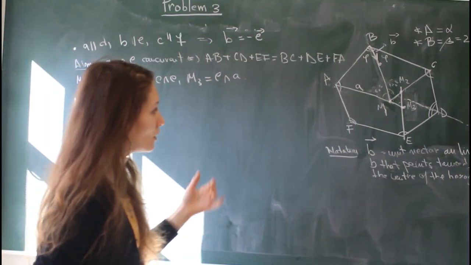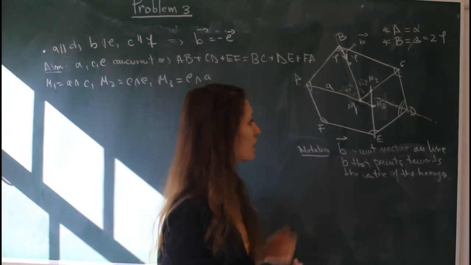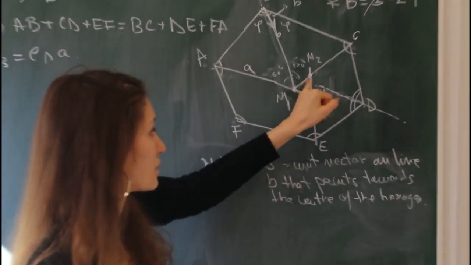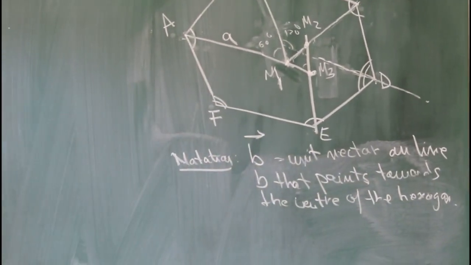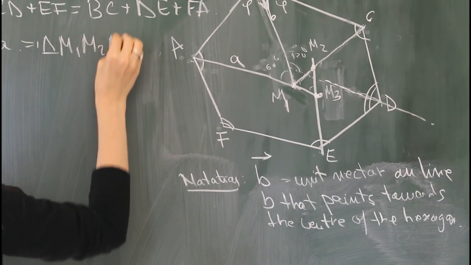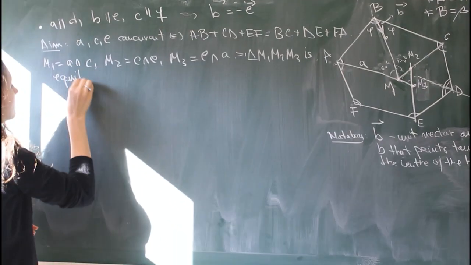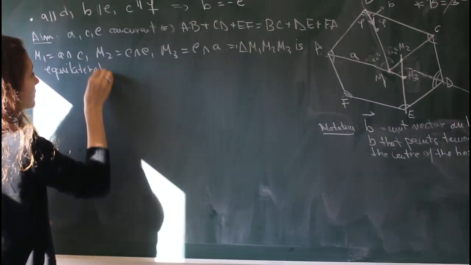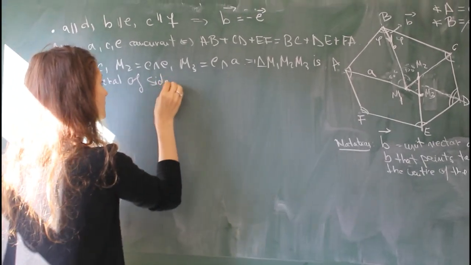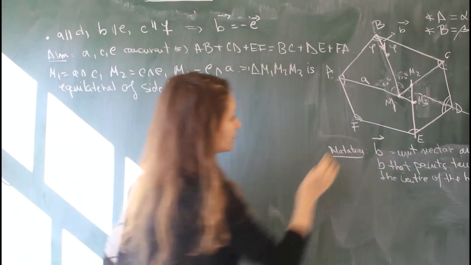We also know that all these angles are 60 degrees, for example, this angle here is 120, therefore it's minus 60. So we have that the triangle M1, M2, M3 is equilateral, say of side length little r.